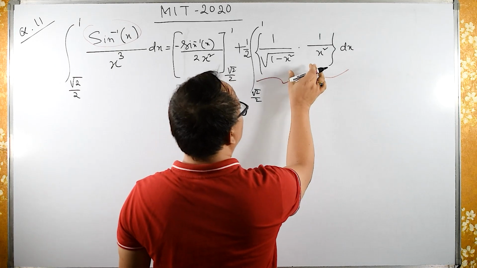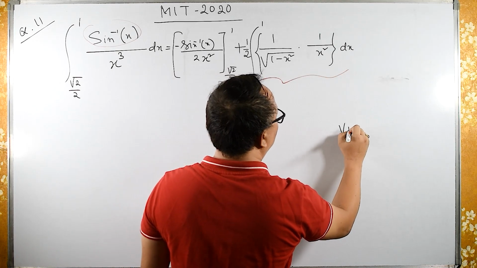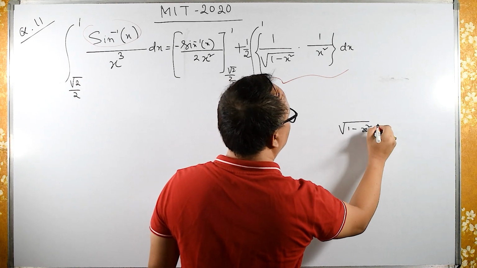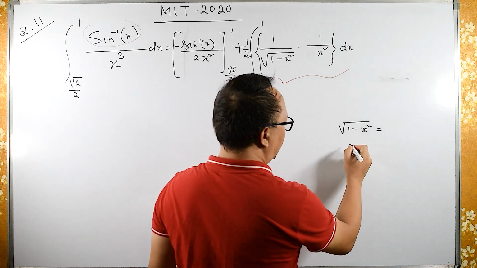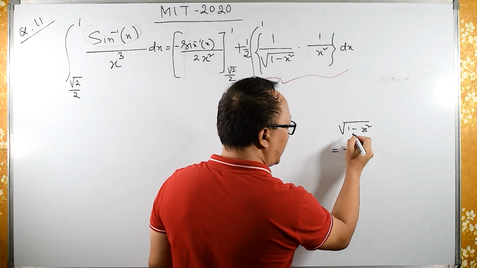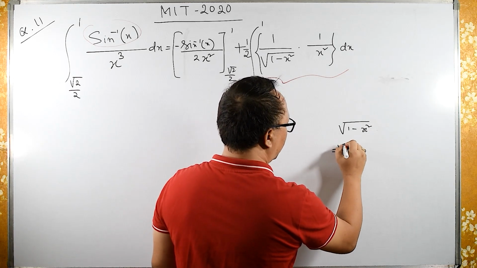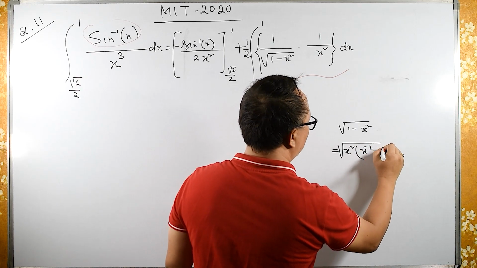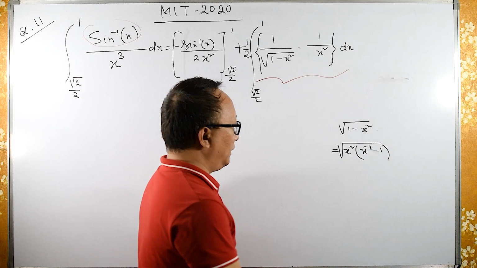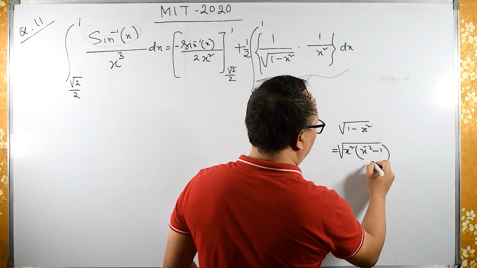Over here we have the square root of 1 minus x square. Now if I take x square common inside the bracket, then this becomes x raised to minus 2 minus 1. Now I can send this x square outside.